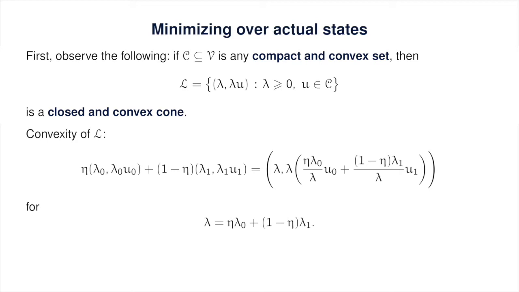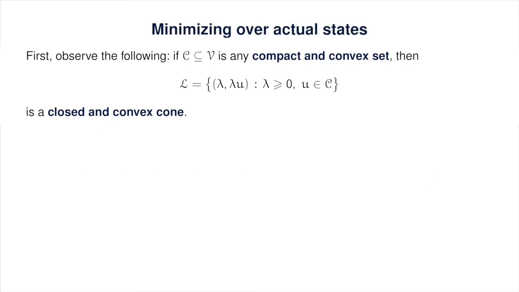And averaging in the second coordinate and dividing by lambda reveals what the vector u must be in the second coordinate. And we find that this vector u is a convex combination of u0 and u1, and it is therefore in C by the convexity of C. We really should also take the possibility that lambda equals 0 as a special case so that we don't divide by 0. But it is perhaps obviously a very easy special case to handle.